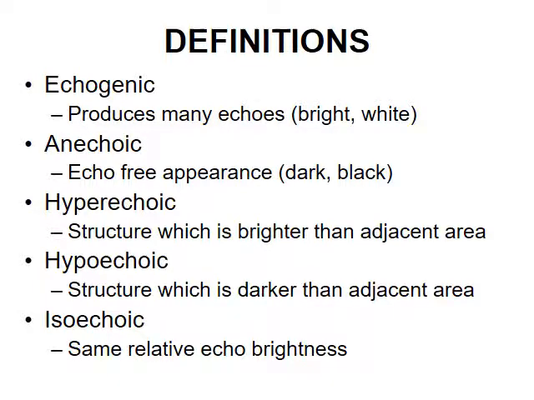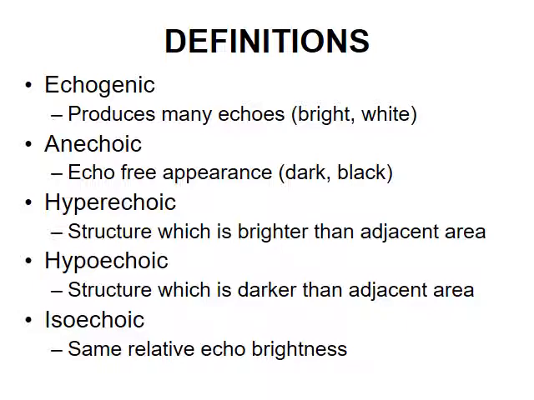So the terms echogenic and anechoic are opposites. A structure that we'd say is echogenic is bright on our ultrasound B mode image. It's bright, it's white, it sent a strong echo back to the transducer. So it's referred to as an echogenic structure, a bright white structure.